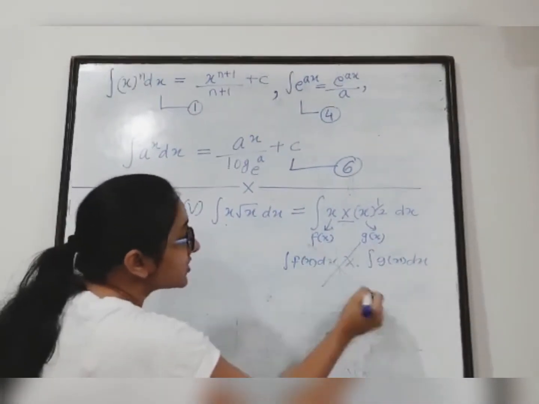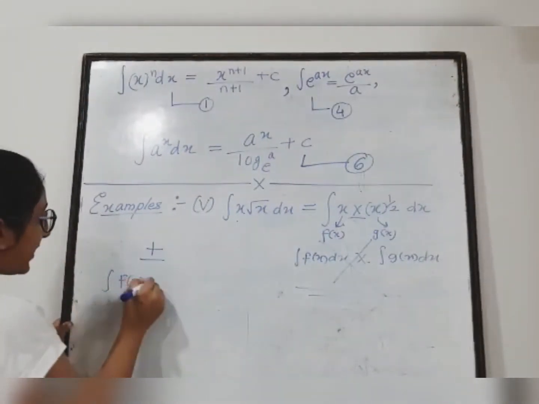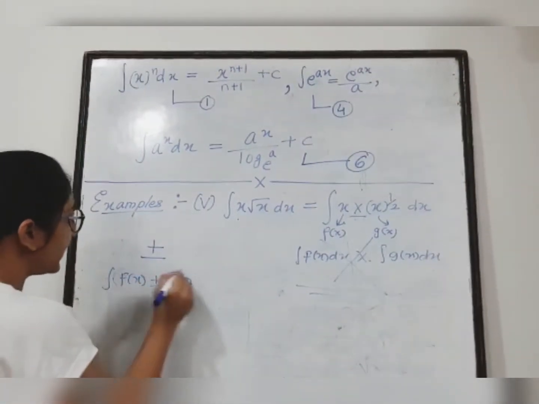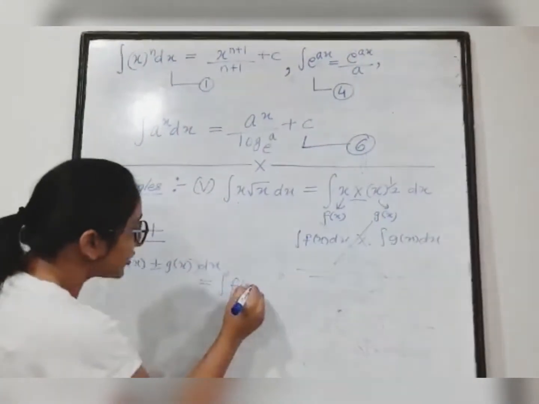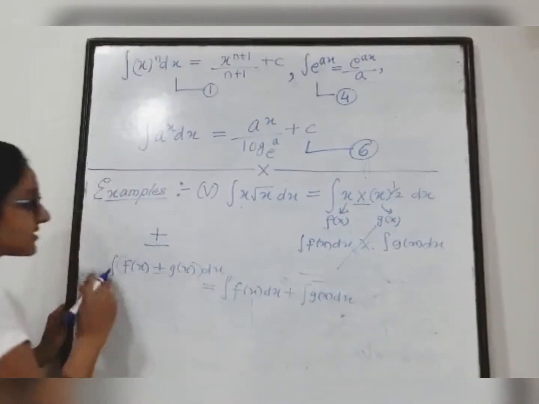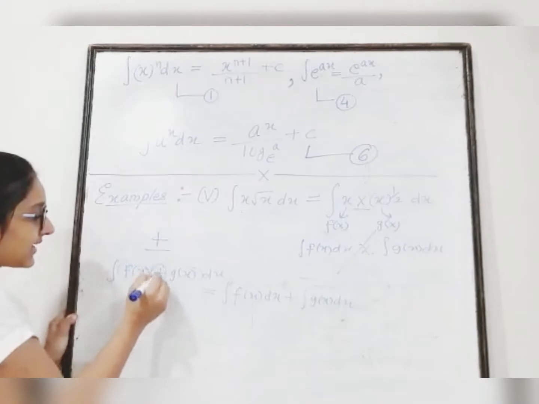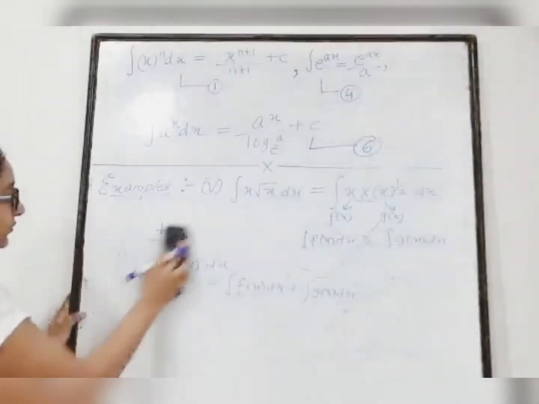This is wrong. This is not applicable. The elementary rule for f of x plus minus g of x dx is applicable only as integration of f of x dx plus integration of g of x dx. So this is applicable only when the middle sign is plus or minus and not multiplication. So how will we solve this problem?